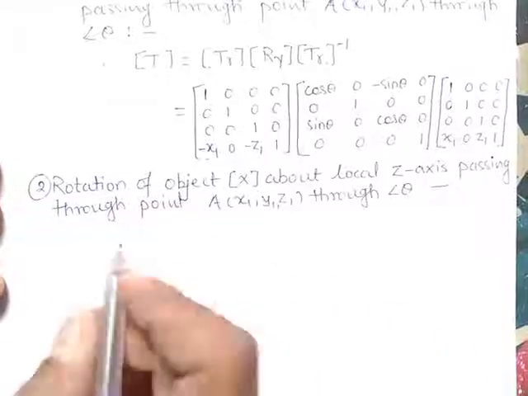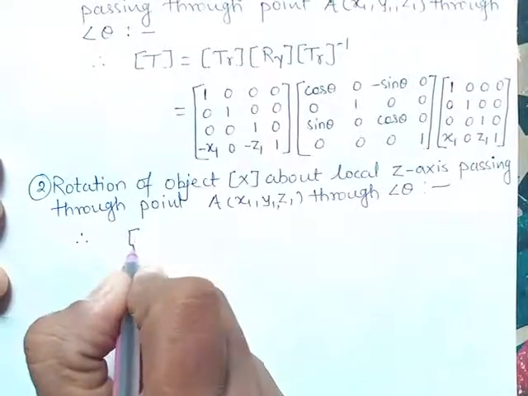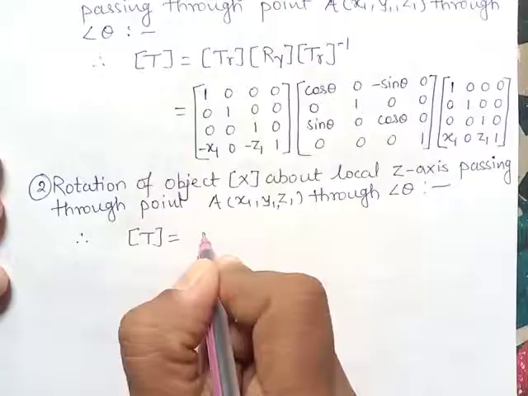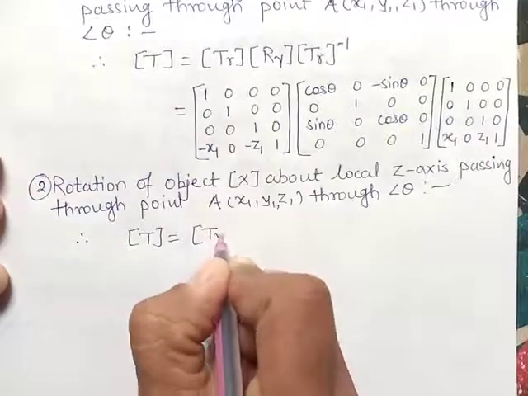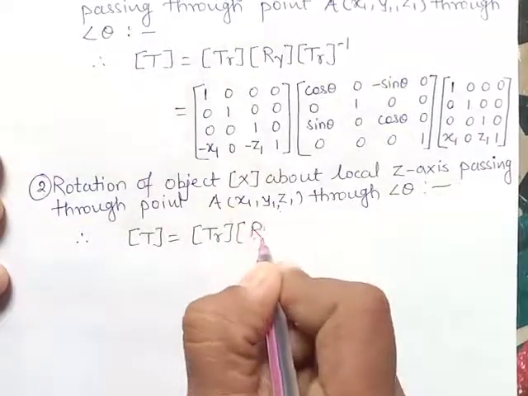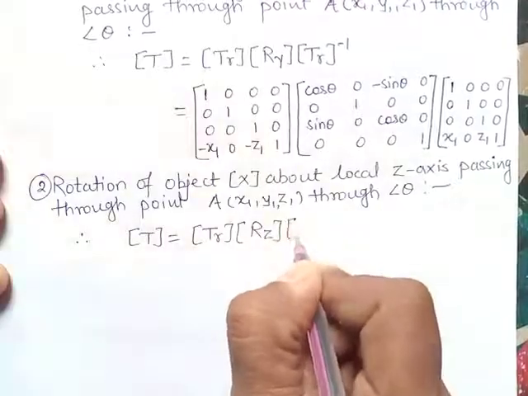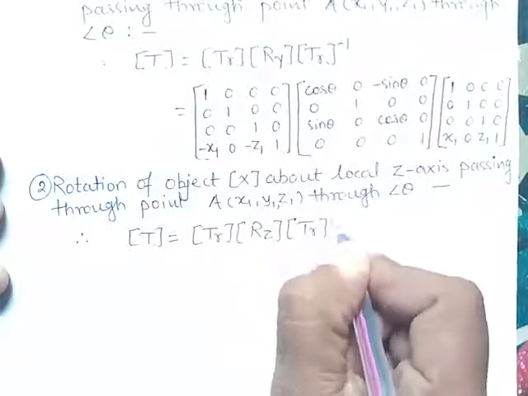Okay. Therefore, what is T here? That T will be translation into rotation through the z-axis and then inverse translation, right?